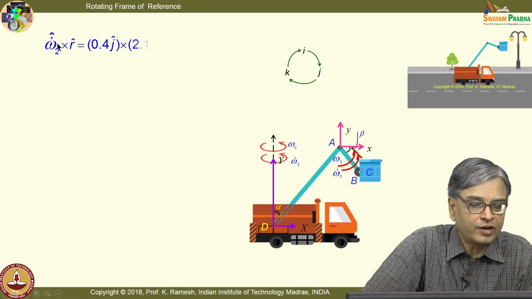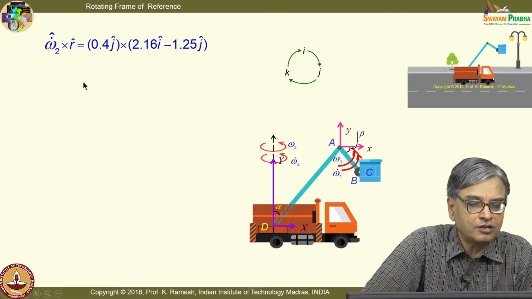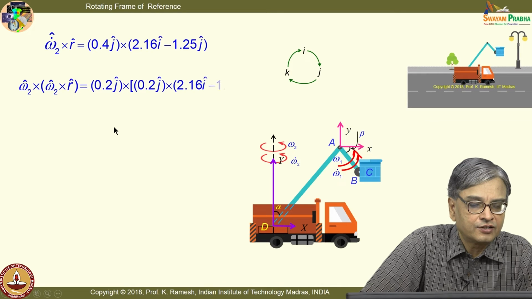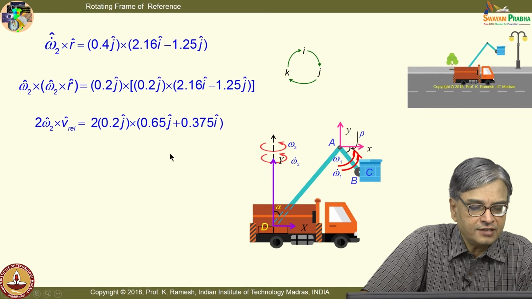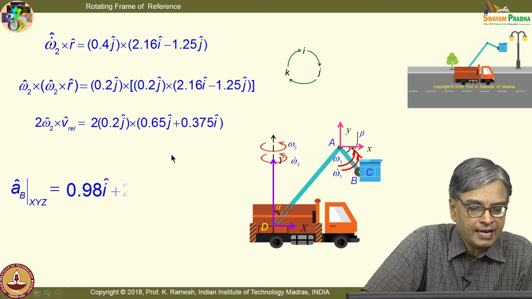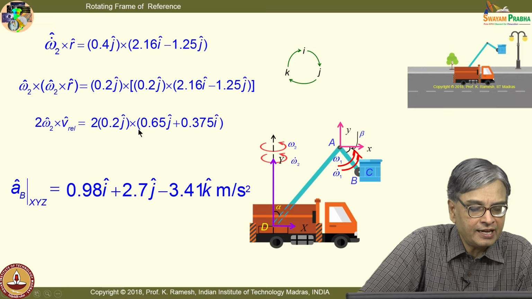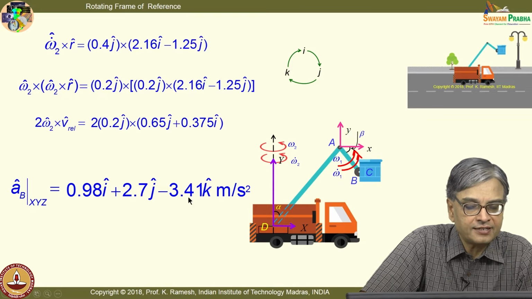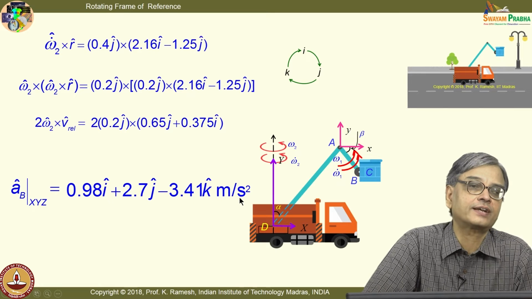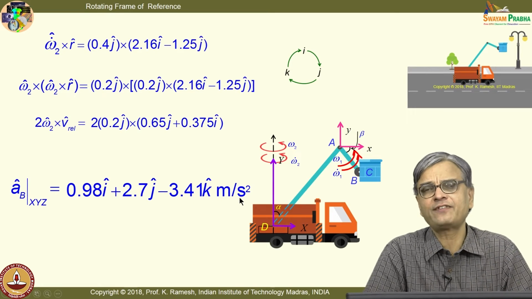And here again, I follow this practice, individual terms I write, so that you can also verify them when you want to check your answers. And I have not simplified them, I have finally obtained the acceleration as 0.98I plus 2.7J minus 3.41K meter per second square. It is again a straightforward problem.